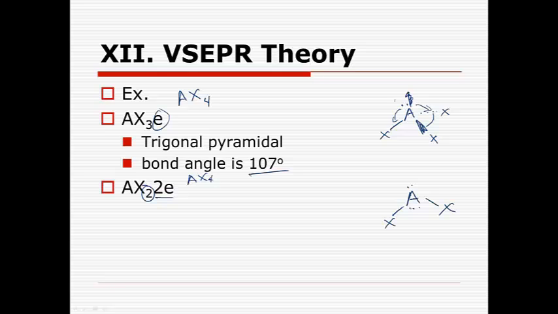And again, we got three atoms, so you only got two options on three atoms. It's either linear or bent, and this is going to be bent. And the bond angle, because both of these bonds are trying to get away from those electron pairs, they get closer. So the bond angle comes down to 104.5.